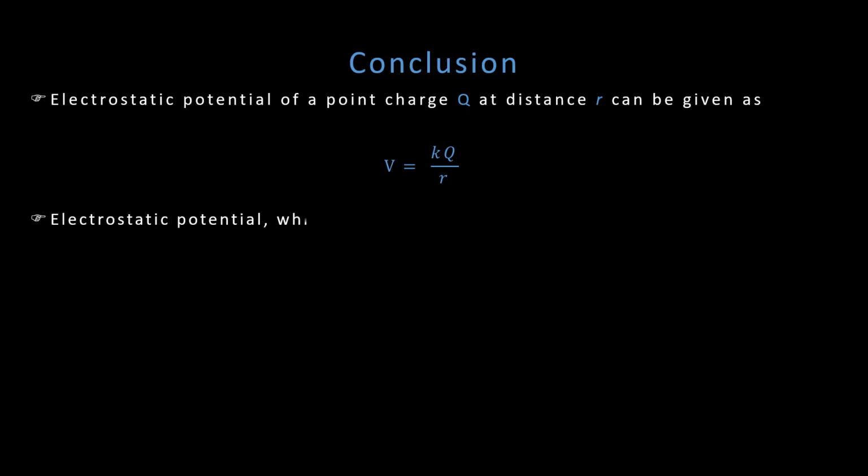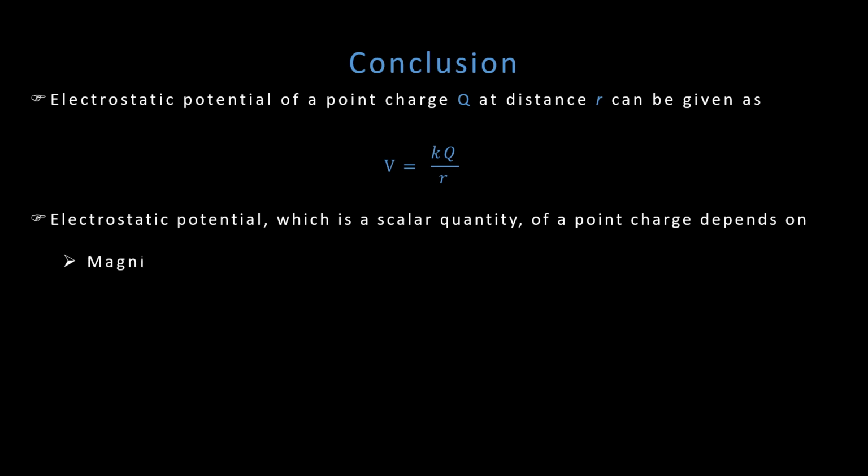Electrostatic potential is scalar quantity, and it depends on how many things. It depends obviously on which charge you are talking about. If magnitude of charge is more, potential is more. Compared to 2 coulomb charge, 5 coulomb charge will have more potential at same distance.